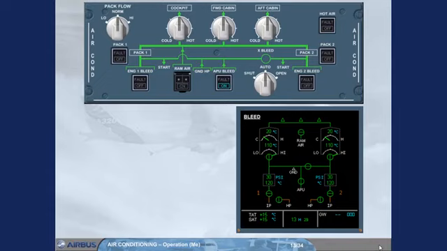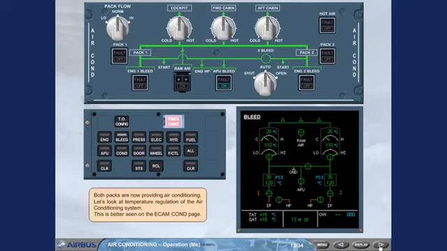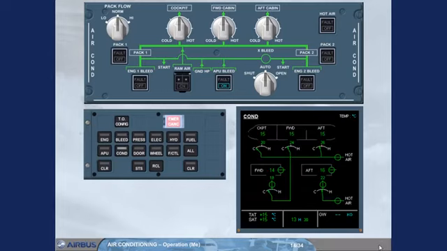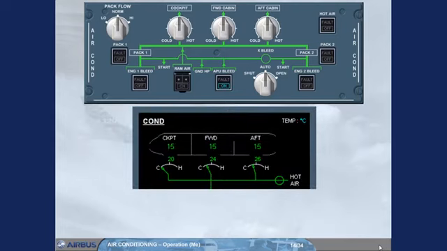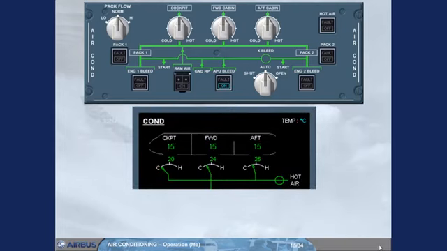Let's look at temperature regulation of the air conditioning system. This is better seen on the ECAM cont page. Let us concentrate on the upper part of the ECAM cont page. Look carefully at the indications. Notice in particular the zone temperatures and the duct inlet temperatures.